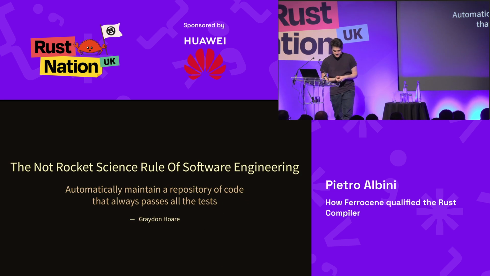And this comes from Graydon Hoare, the original creator of Rust, and the not rocket science rule of software engineering, which is to automatically maintain a repository of code that always passes all the tests. And as an aside, I cannot wait for Ferrocene to be qualified for aerospace use, because then we'll be able to say that finally the not rocket science rule will be qualified for literal rocket science.